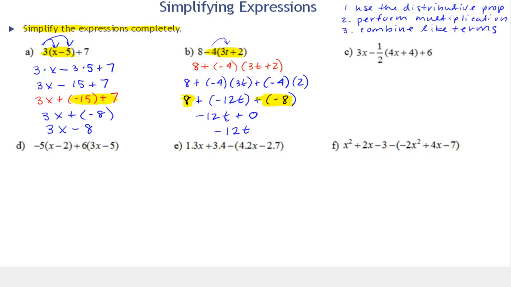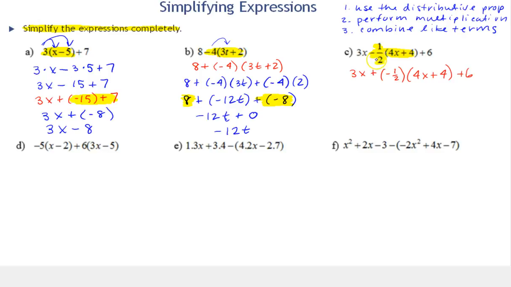First we want to use the distributive property, and here are my parentheses. Here's what I'm multiplying by, and again there's a minus sign here, so I'm going to think about that as adding a negative. So let's rewrite it as 3x plus negative 1/2 times (4x plus 4), close parentheses, plus 6.